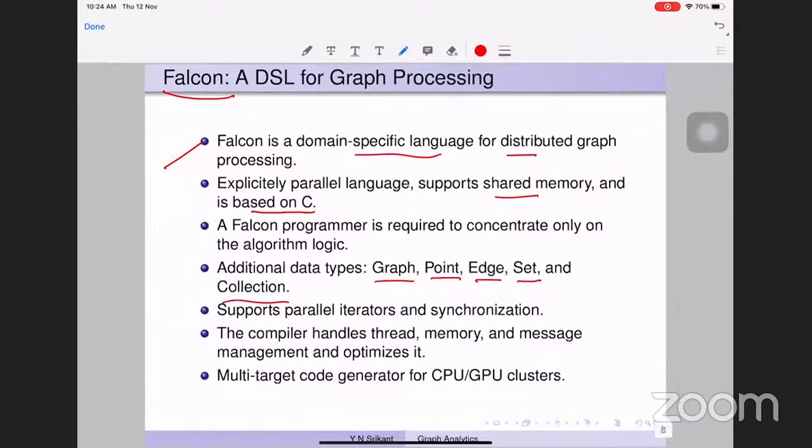All these are available to the programmer as high-level data structures. There is parallelism possible, so parallel iterators are available. Synchronization is possible, and the compiler handles all aspects of thread, memory, and message passing. And of course, whether we are using a single CPU or a single GPU or a combination of these two, the compiler takes care of generating code appropriately.